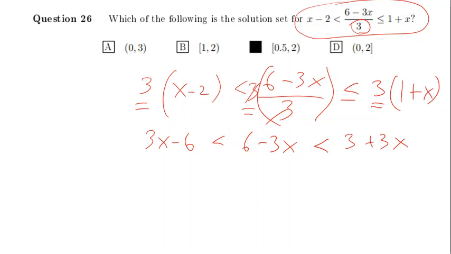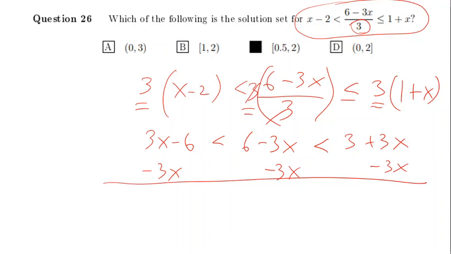Okay, now what to do? I want x only here, if possible. And I don't want 3x here, so it's better I subtract 3x from all of them. That will give you minus 6x, and 6. Then you can subtract 6 from all sides. I don't want this 6.